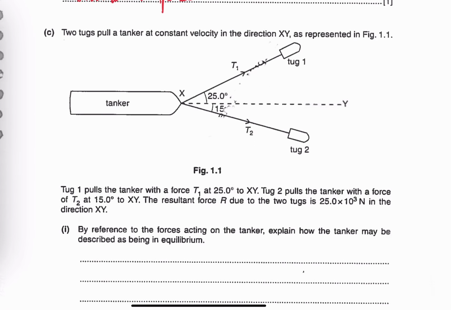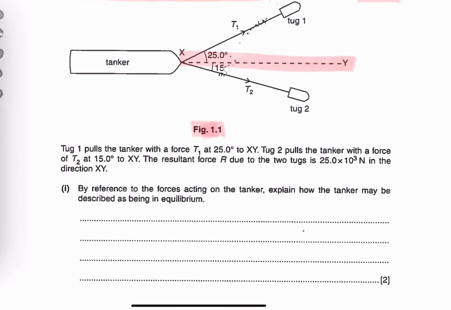In part C, two tugs pull a tanker at a constant velocity in the direction xy. This is the xy direction, and as represented in figure 11.1.1, tug 1 pulls the tanker with a force T1, this is T1 here, at a 25-degree angle to xy.